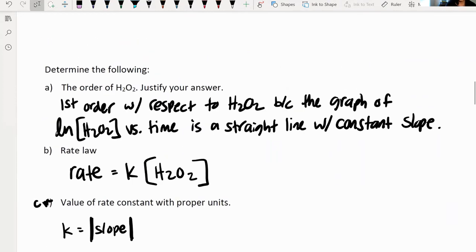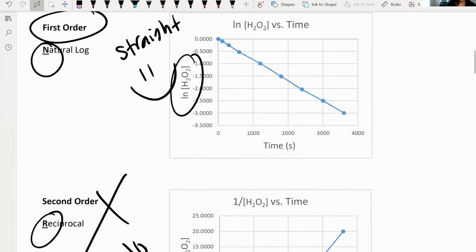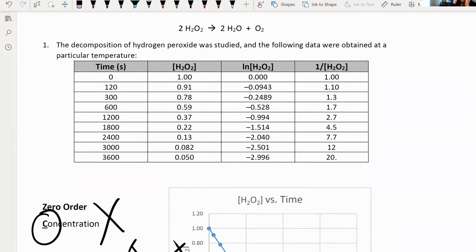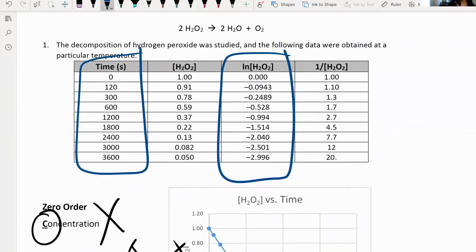So I'm just going to go up here. Sorry if I'm moving too fast there, but I will go back down in just a little bit. This is what I need you now to do. Because we are first order, I just need to look at 2 columns. I now just need to look at the natural log column and the time column because that's what's on our graph.